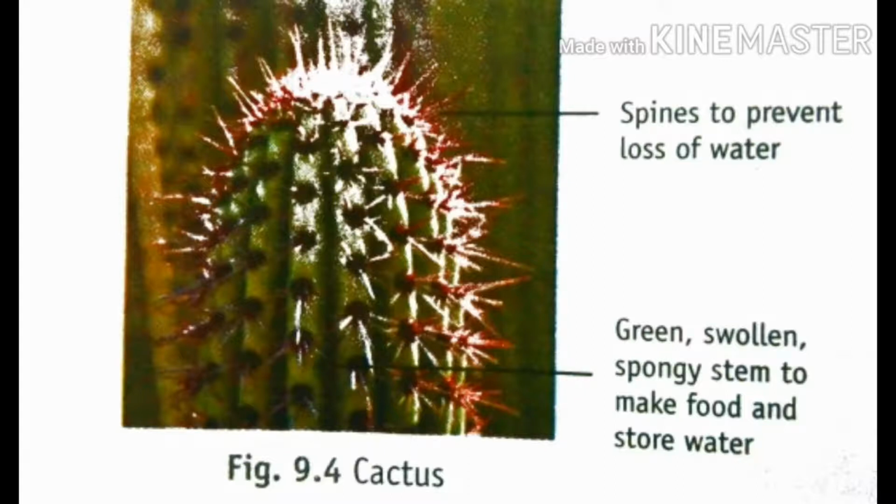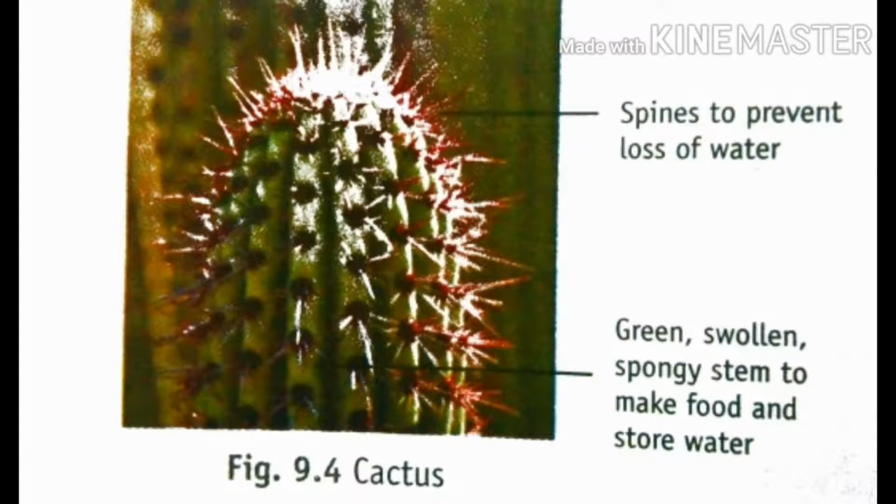Next one, stem. The stem is green and it prepares food for the plant. We know that mostly all plants prepare their food in the leaves. In a cactus plant there are no leaves, so the stem prepares food for the plant. Why does the stem prepare the food?